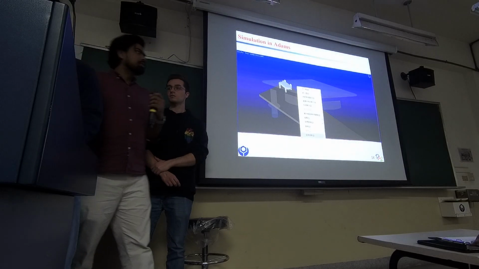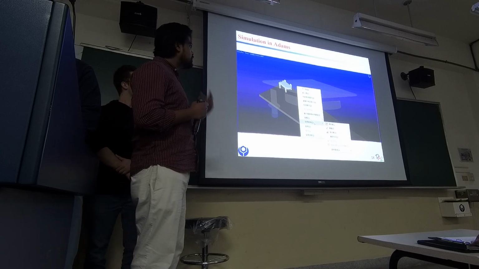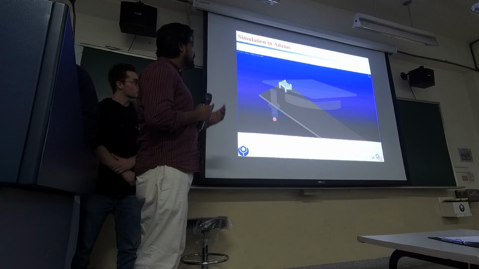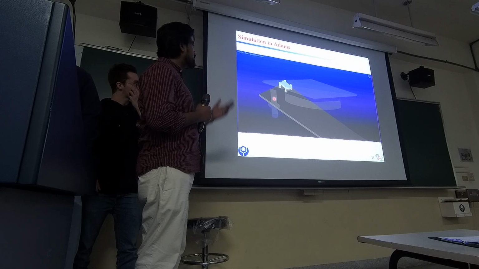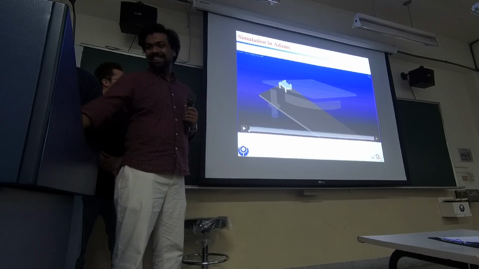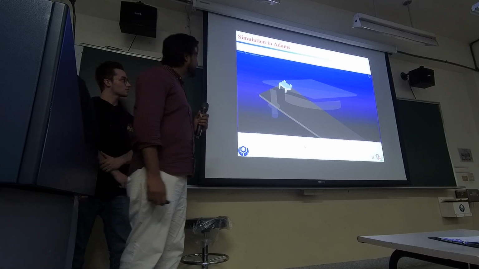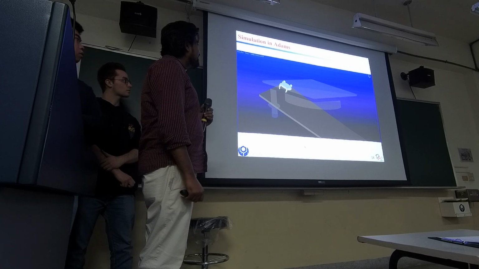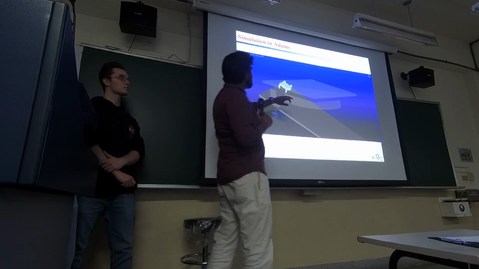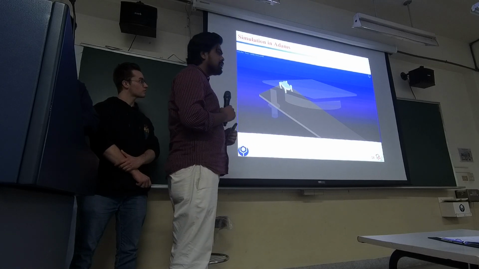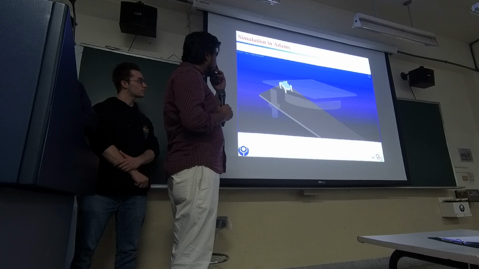Now we try to simulate our robot in Gazebo, but unfortunately we didn't get our desired forward movement, but it's moving. There is some friction issue, that's why it's not moving forward, but it's all working.